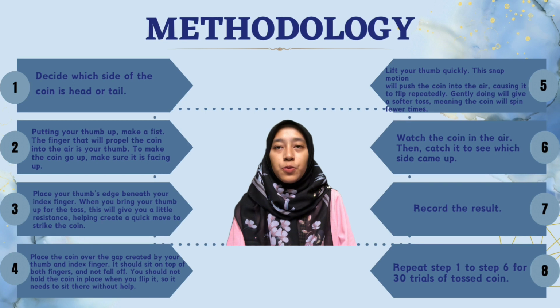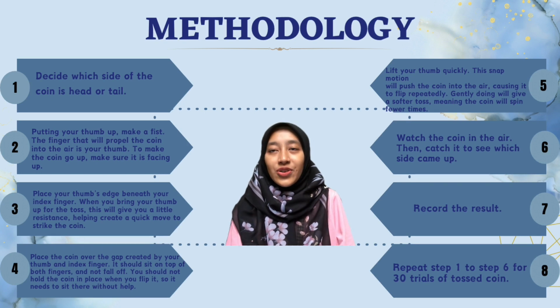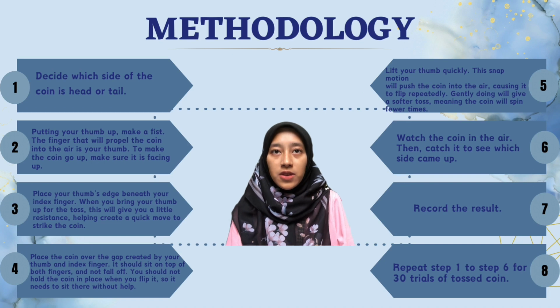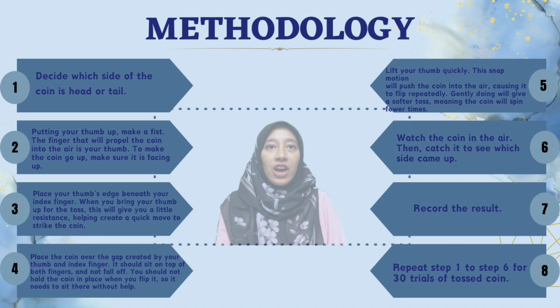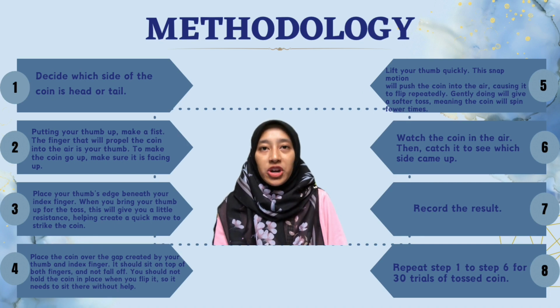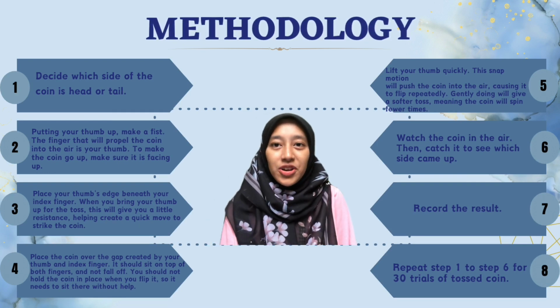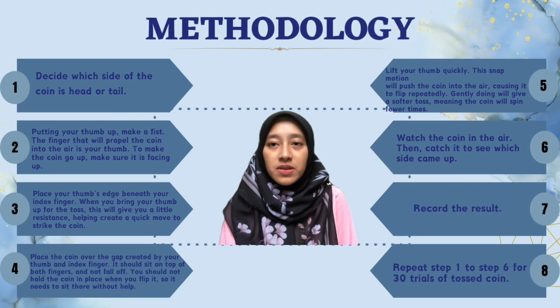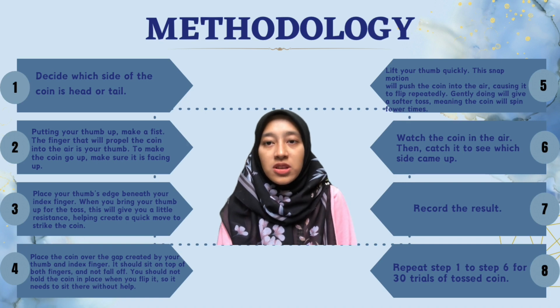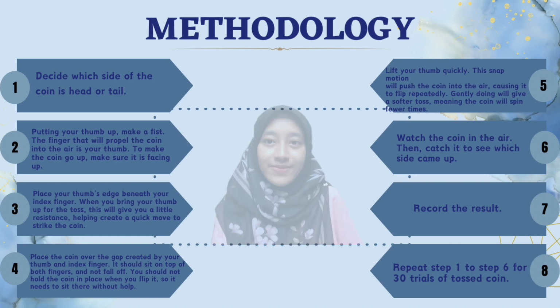This snap motion will push the coin into the air, causing it to flip repeatedly. Gently doing so will give a softer toss, meaning the coin will spin fewer times. For the next step, watch the coin in the air, then catch it to see which side came up. Next, record the result, and repeat step 1 to step 6 for 30 trials of tossing the coin.